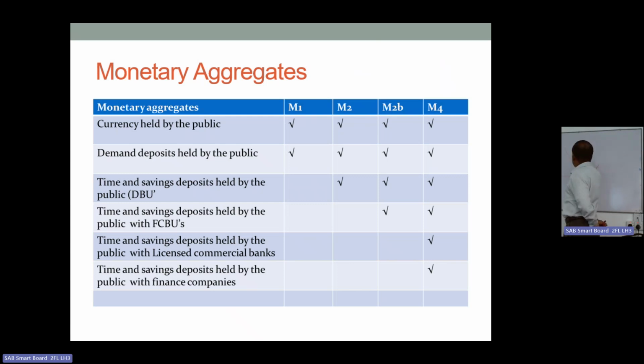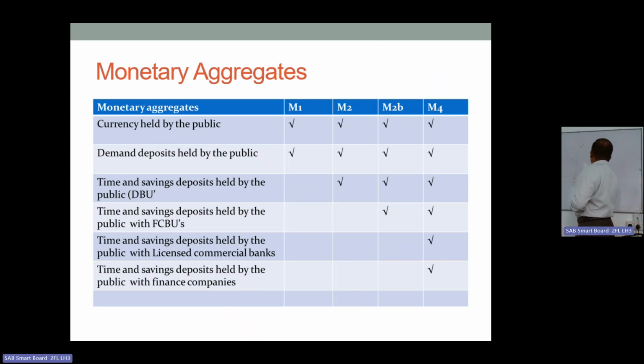What determines the interest rate is the interaction of money demand and money supply. This is the real money balance.